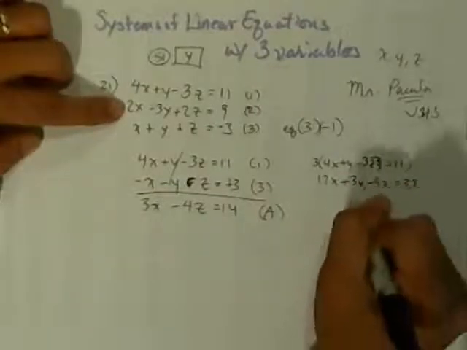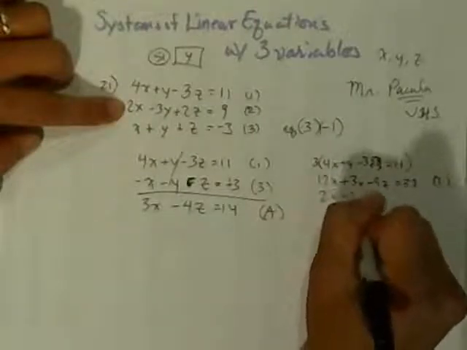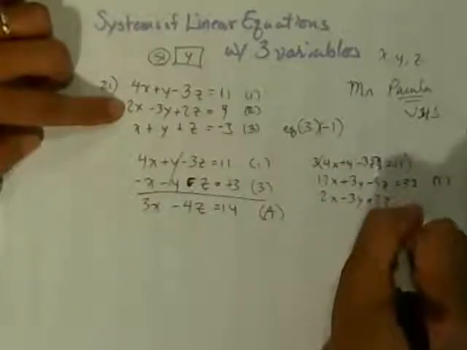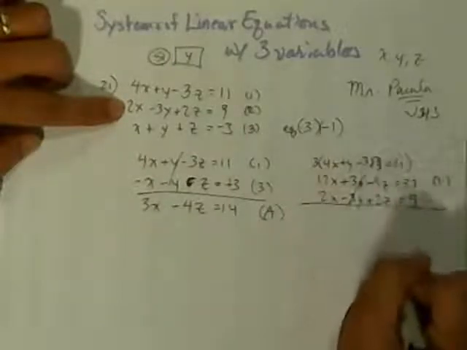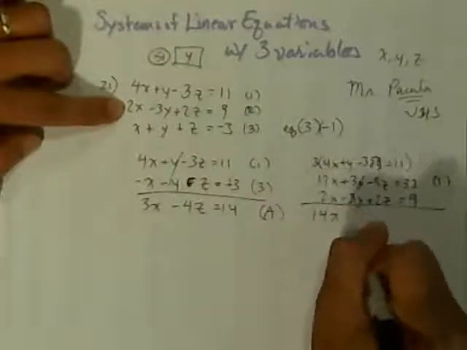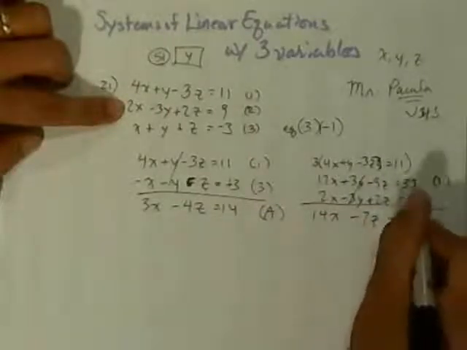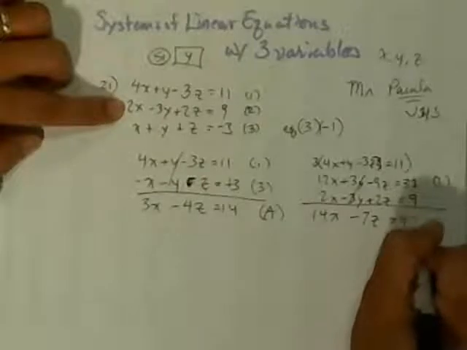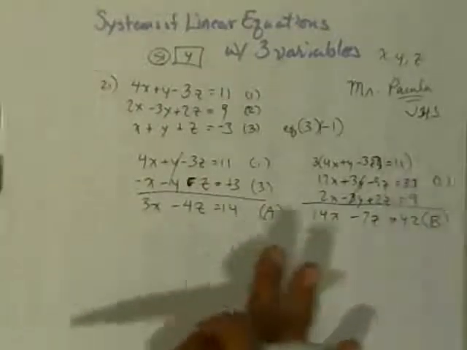And the second equation: 2x minus 3y plus 2z is equal to 9. I'm just going to add those up. You get 14x minus 7z is equal to 33 plus 9, which is 42. I'm going to call this equation B now.